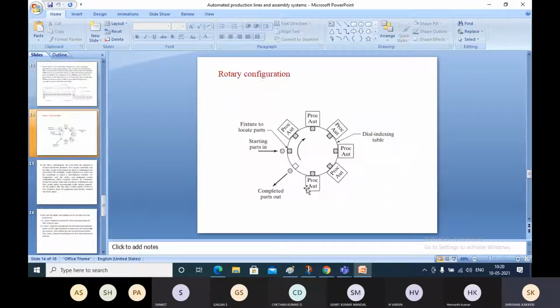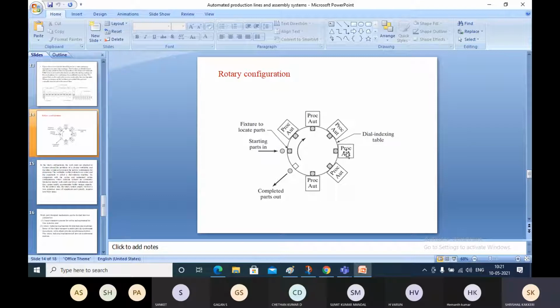The rotation of the indexing table, the time interval which is idle, will be based on the workstation which is consuming the maximum work cycle. For example, at this particular workstation it consumes 1 minute of cycle time, and this particular workstation requires 2 minutes of processing time.